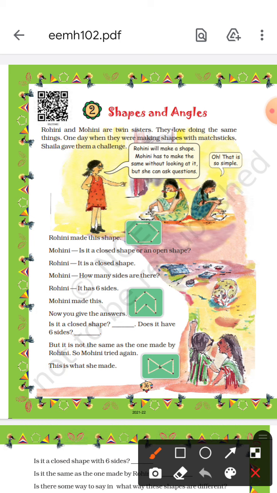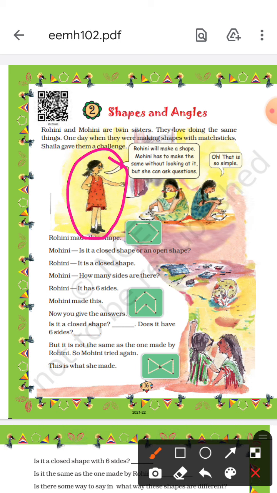Saila, another girl, gave them a challenge. The challenge is that Rohini will make a shape and Mohini has to make the same without looking at it, but she can ask questions.